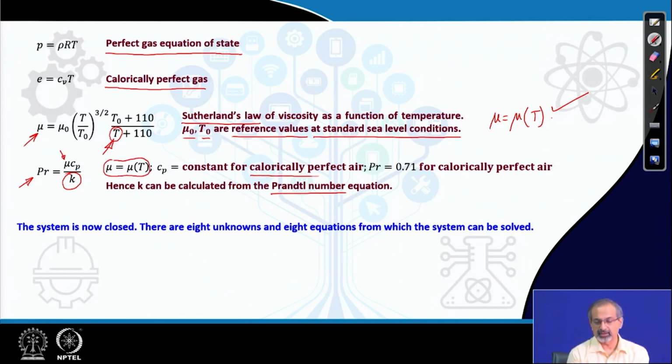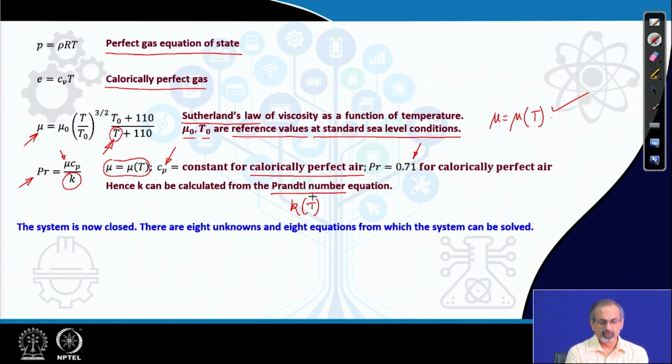We are assuming a calorically perfect gas, air. So, Cp will be a constant, and for calorically perfect air, Prandtl number can be taken roughly as 0.71. So, in the given situation, you can work out K as a function of T basically.